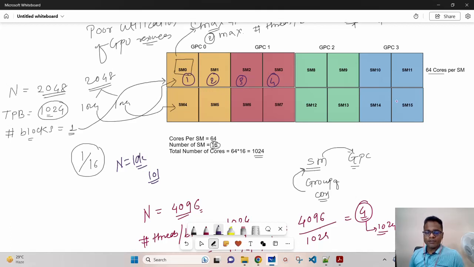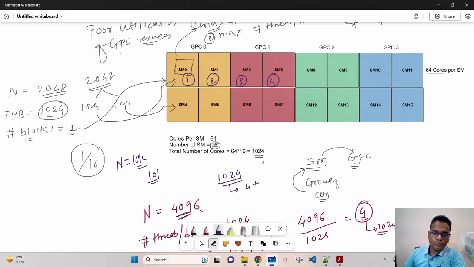So the key takeaway from this episode is that you have to launch multiple thread blocks in order to exploit the GPU's entire computing power, right? And if you go on increasing the number of threads, the work allocated per thread also gets reduced. If you recall, when the number of threads was only 1024, every thread was performing 4 additions, assuming n equal to 4096.